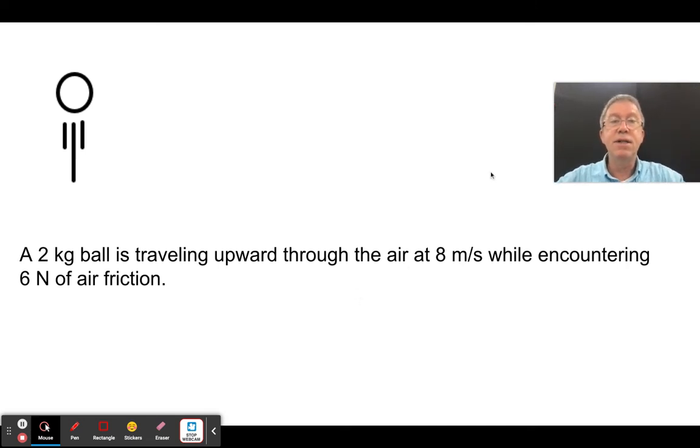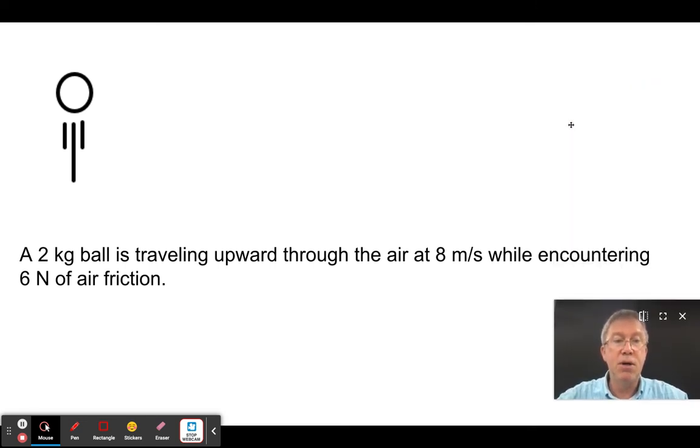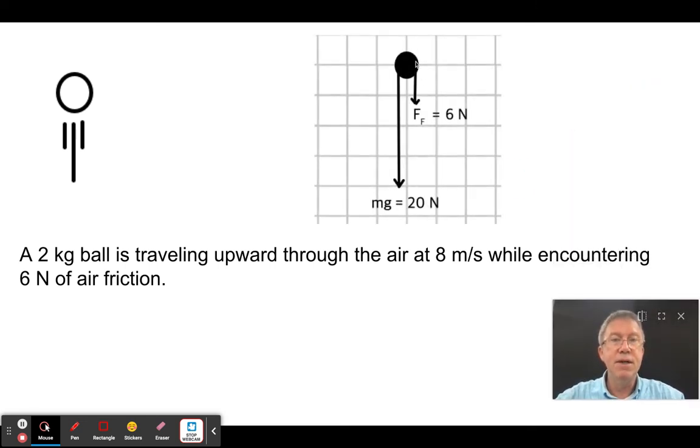So I'm going to draw a dot representing a 2 kilogram ball. Here it is. mg is going to be acting on it. So 2 times 10 is 20. So I have 20 newtons of downward force. And in this case, I could make it negative 20, or I could set down as the positive direction. Let's say I set down as the positive direction here.